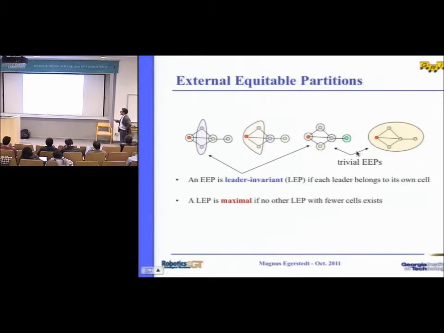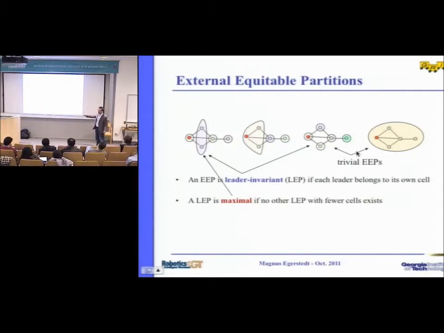One of these leader invariant external equitable partitions, LEPs, is maximal if I can produce no one with fewer cells. So in this case I have this candidate and that candidate. This is the maximal one because it has the fewest number of cells. And in fact, every graph has guaranteed 1 leader invariant external equitable partition, which is a trivial one.